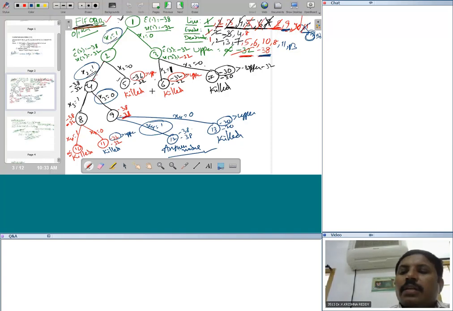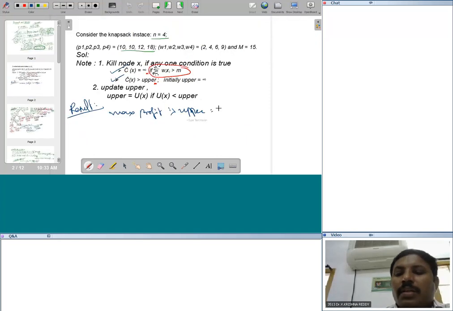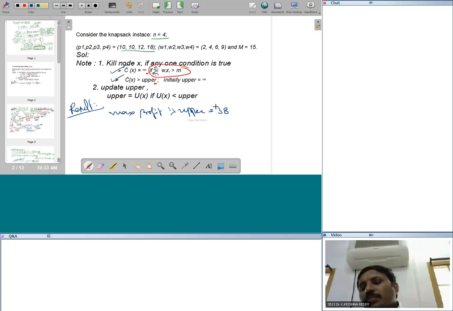What is the current calculated upper value? 38. So 38 with minus is there, but we will remove the minus in the result. In the result we never use minus. Minus we are taking for the calculation of branch and bound only. Only the number is considered. The maximum profit possible, based on the given example, is the upper value 38.